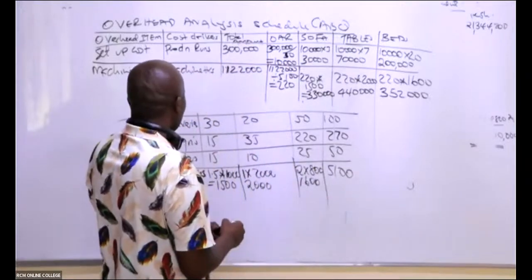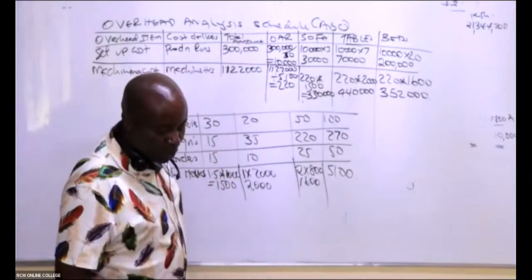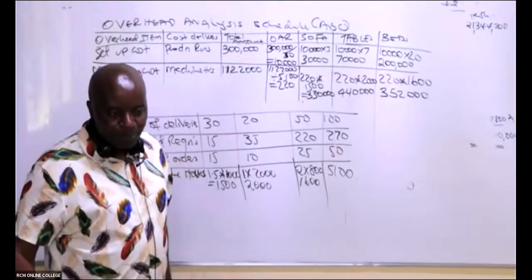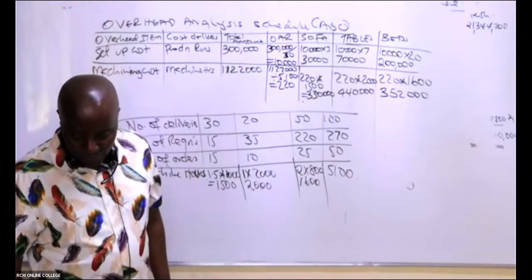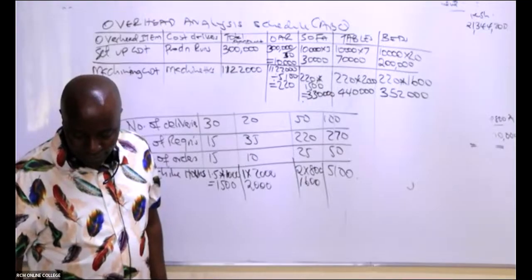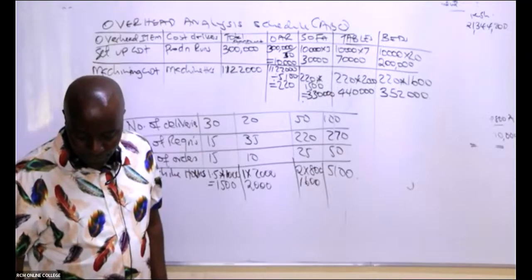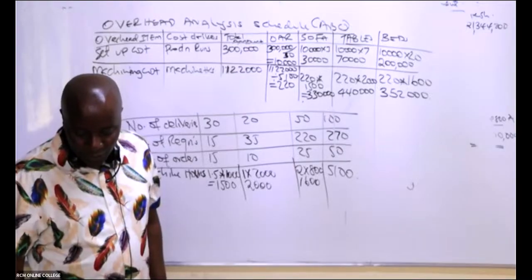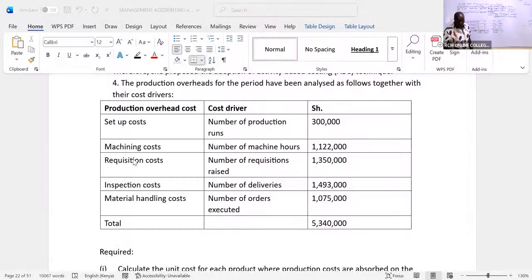So after that, the next one, ladies and gentlemen, that we have there is known as what here? Requisition cost. Please go ahead and do the entries for me.